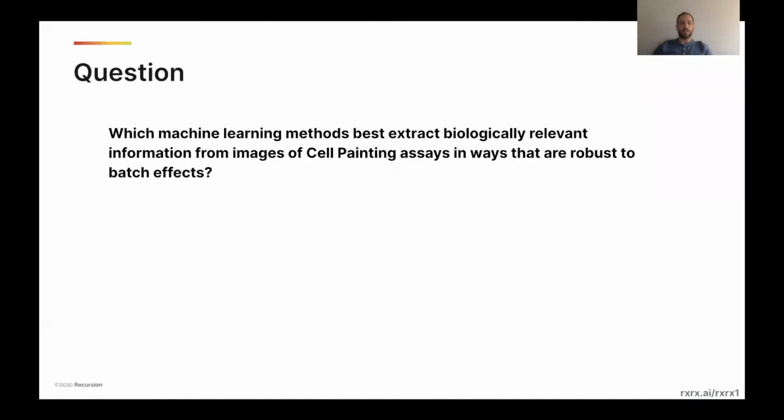In early 2019, Recursion had accumulated quite a large set of high content images, and we decided to ask the question how far we could push modern machine learning techniques to best extract biologically relevant information from our images of cell painting assays in ways that are robust to batch effects.